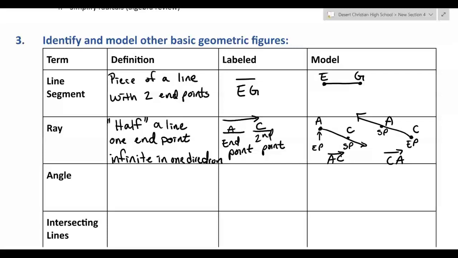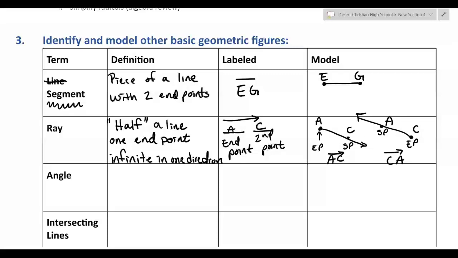And then we have a ray, which goes infinitely in one direction, so the order of the letters is important because the ray goes in just one direction, and we need to know which direction that is, okay? So these three things are defined by 2 points. Any questions about segments? We're going to refer to these as segments from now on in geometry, so we don't confuse them with a line, okay?